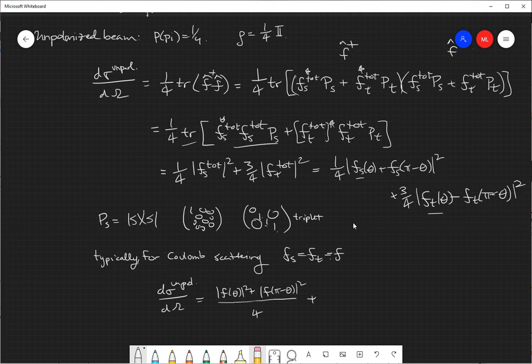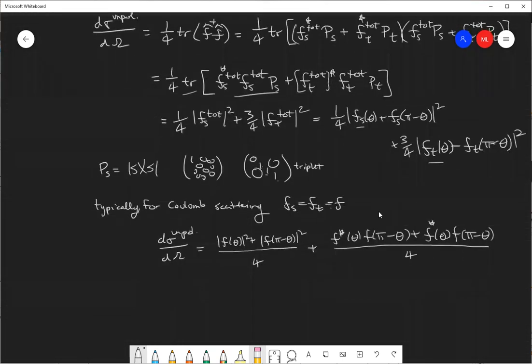You get the cross terms now from the spin singlet part. And so that's for the spin singlet part. Then you get the triplet terms, which come in as 3/4. But otherwise, this is the same here. And minus 3/4, the cross term.